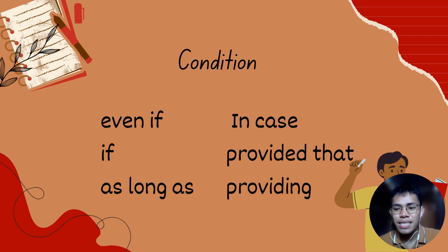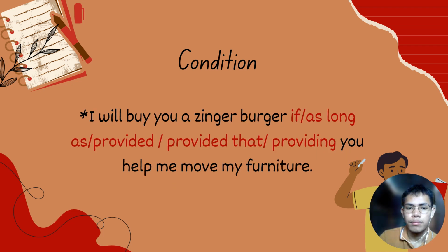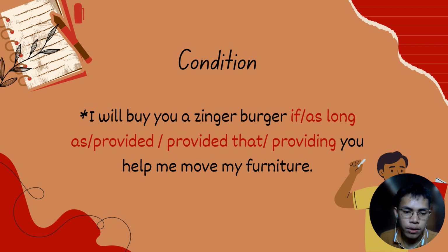Now, these six subordinate conjunctions are used when we are referring to hypothetical situations. So let's take for example, I will buy you a Zinger burger if you help me move my furniture, or you can say I will buy you a Zinger as long as you help me move my furniture, or provided you help me move my furniture, and so on.